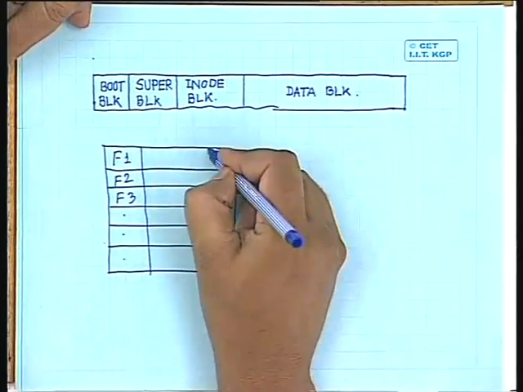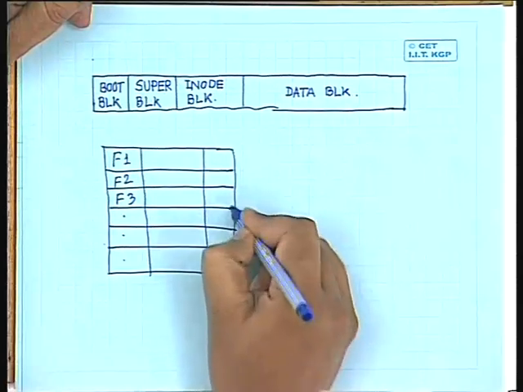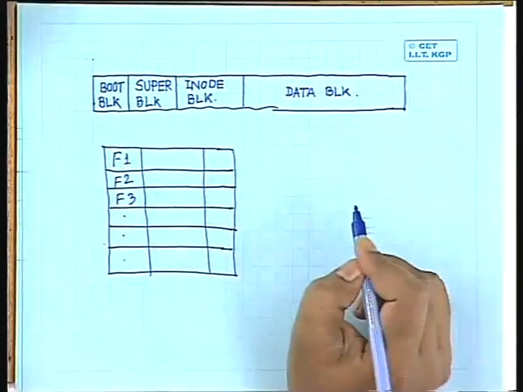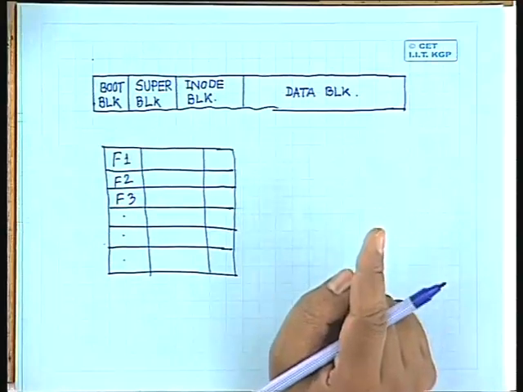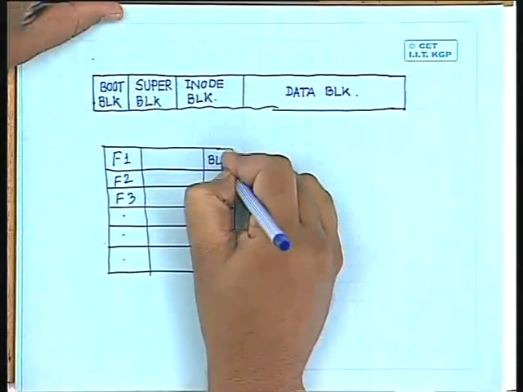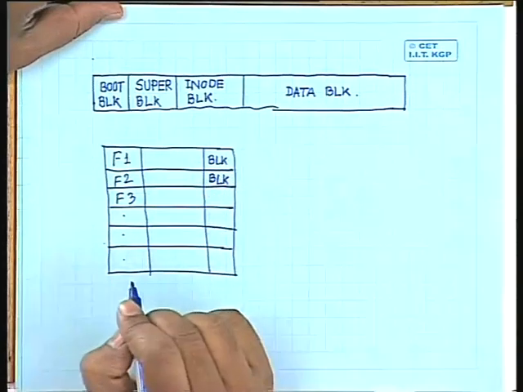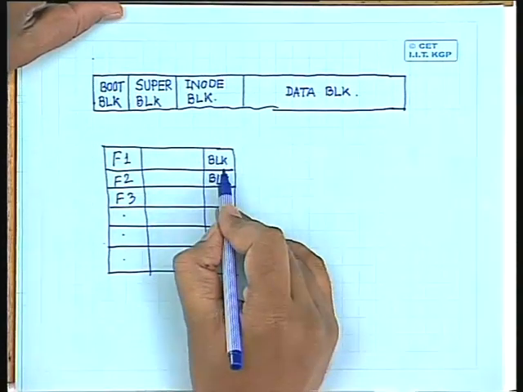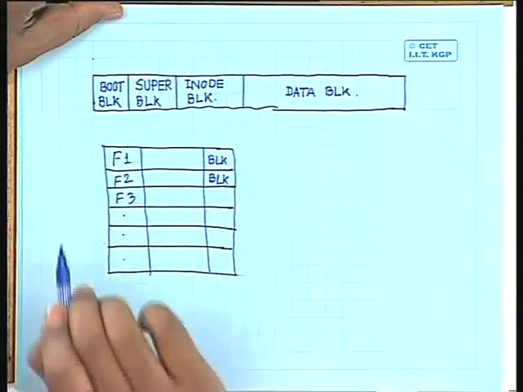With every file, I can store a block address or a block number which contains the initial data or the first block containing the data of that file. So for every file, I will have a block address, and this is the address of the block which contains the starting data of the file.